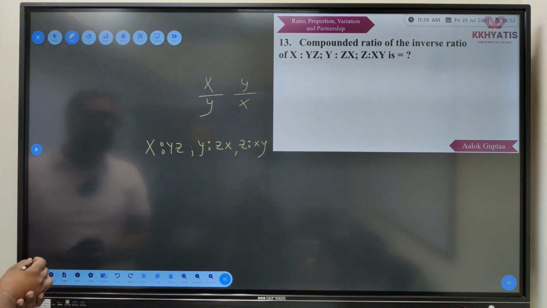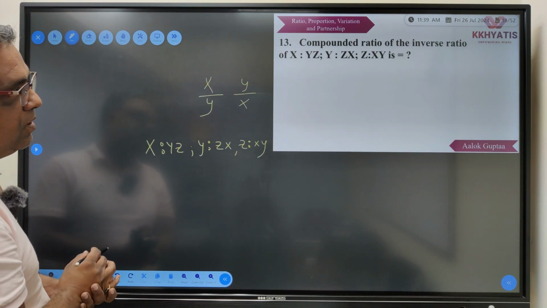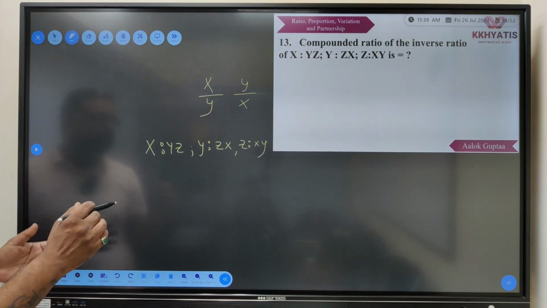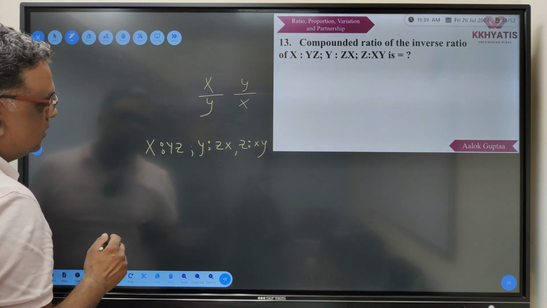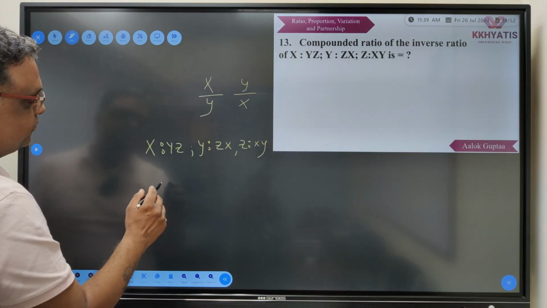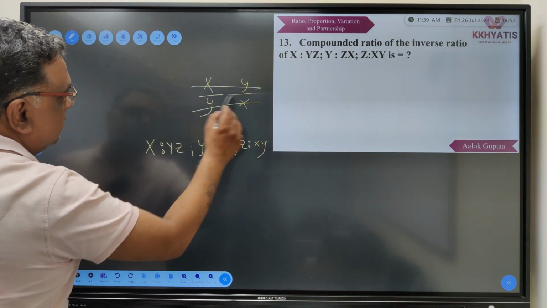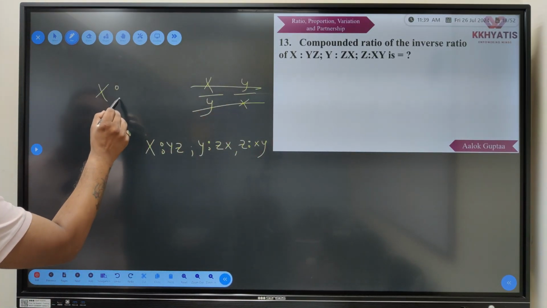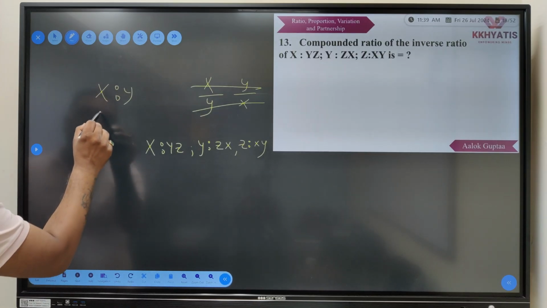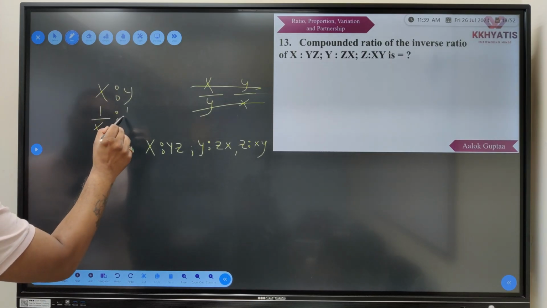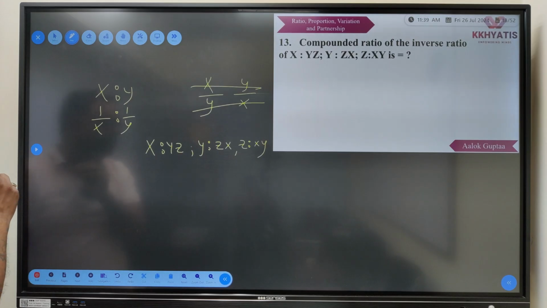So now I have to find the compounded ratio of the inverse ratio. So first I will find the inverse of this. For example, if something is in ratio x is to y, the inverse ratio will be 1 upon x is to 1 upon y. That's what we mean by inverse ratio.